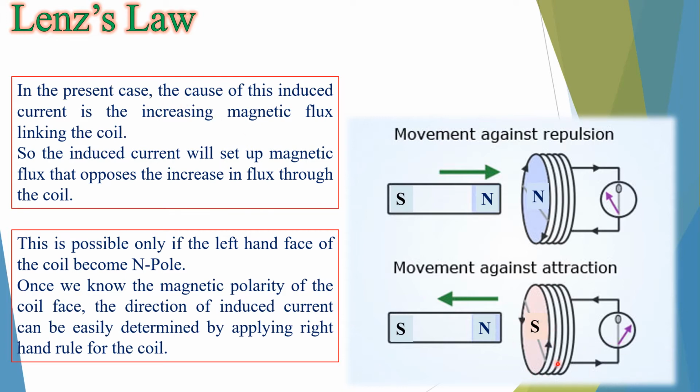So the left face of the coil will become a south pole and it will attract the north pole of the magnet. So by knowing the magnetic polarity of the coil, we can determine the direction of induced current, and in this case it is opposite to the direction of the previous case, and we can determine it with the help of the right hand rule.